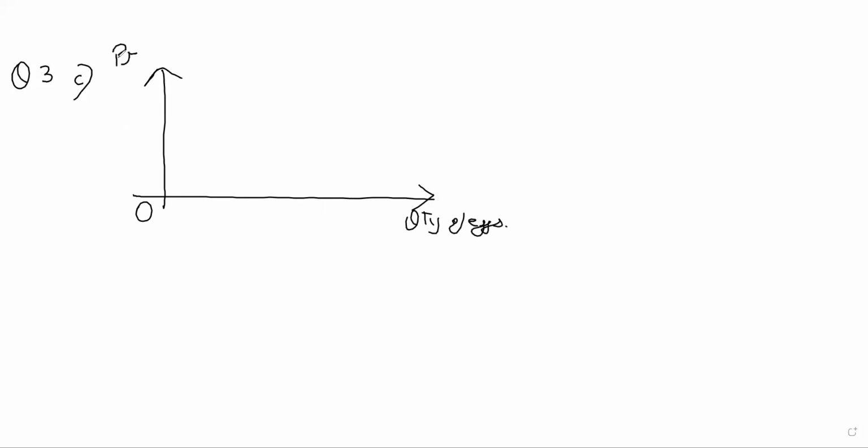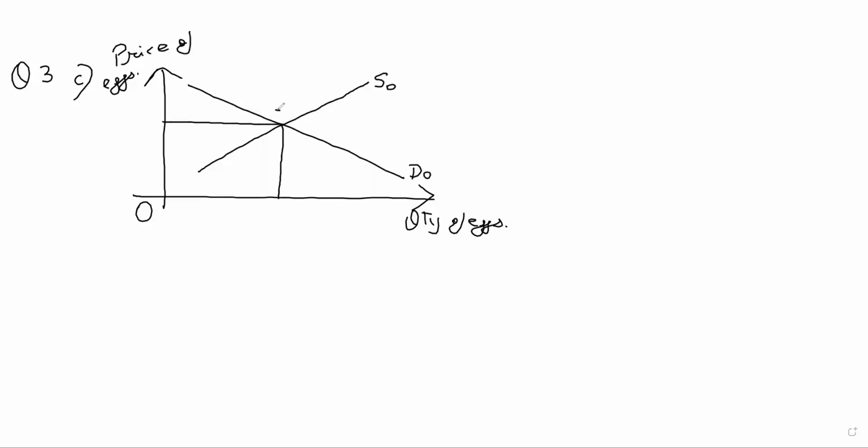Who will tell me what will happen? Sir, demand will fall. Demand will drastically decrease. Very good. So the demand curve will shift to the left. Such news will impact the psychology of the people. They will stop buying eggs.